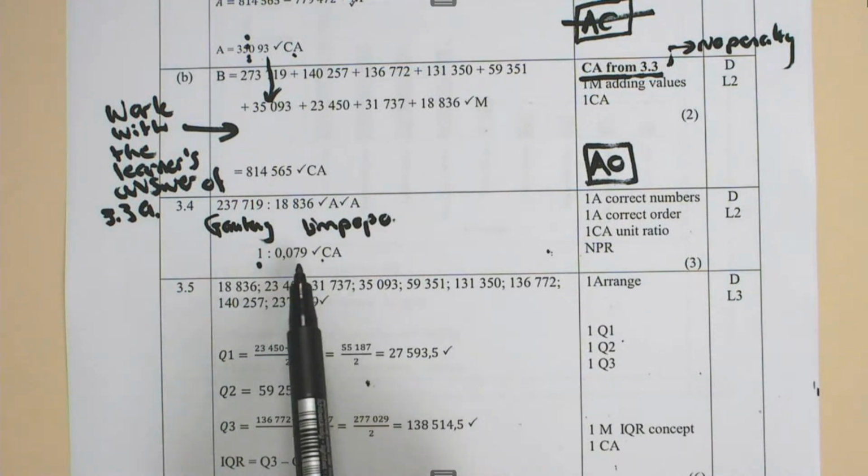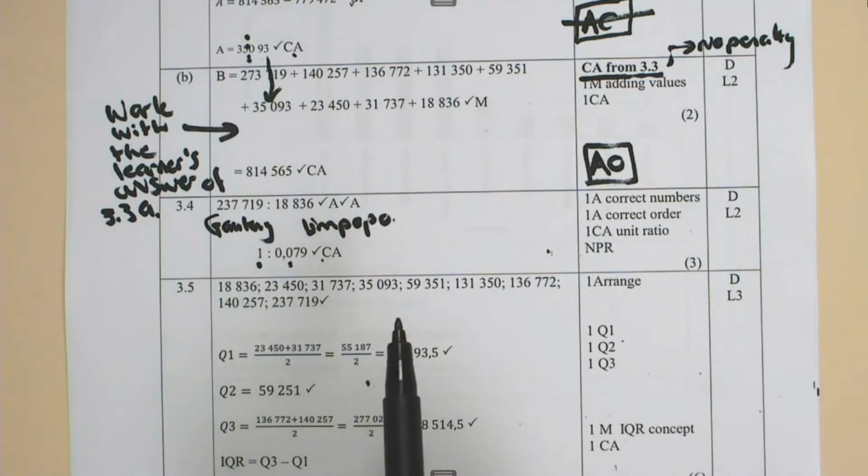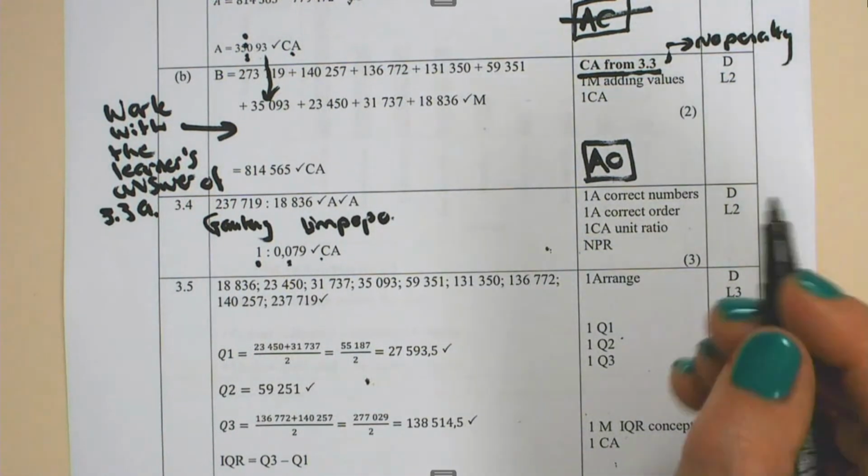0.079. Please take note that on the original memo here was a mistake. It was just saying 0.79, and that is not correct. It's 0.079. So check what we are giving marks for before you start asking questions.